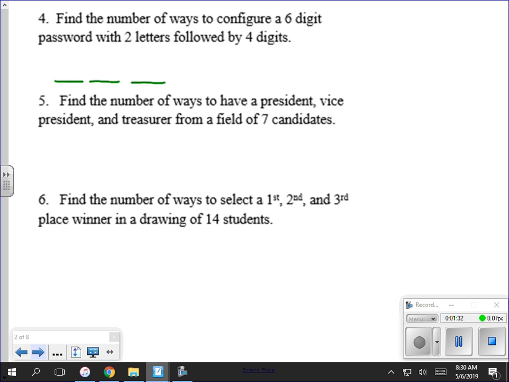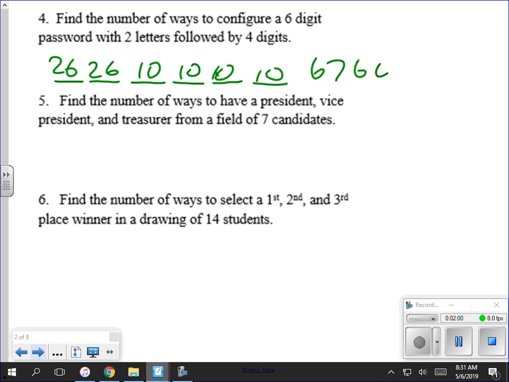So I have a 6-digit password. 2 letters: 26, there are 26 letters of the alphabet. 4 digits: 10, 10, 10, and 10, and then you multiply that out. 676 followed by 4 zeros, so 6,760,000 different possible passwords.